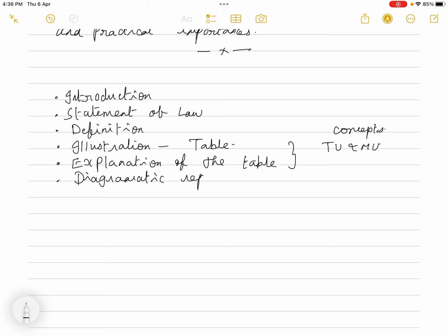And then afterwards the diagrammatic representation of the law and explanation of the diagram.